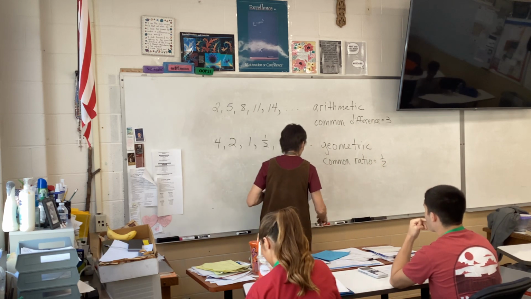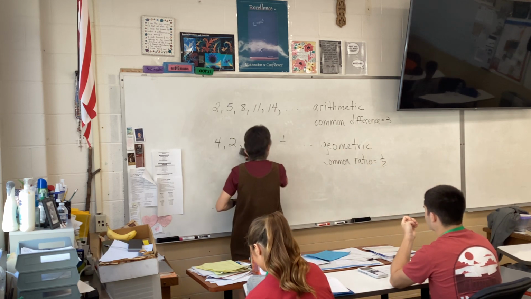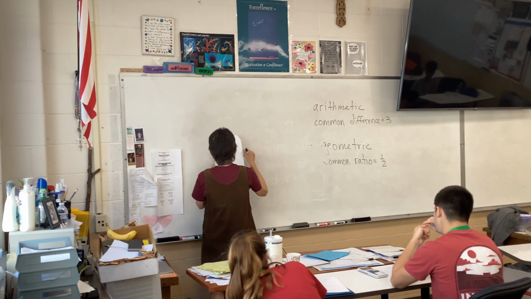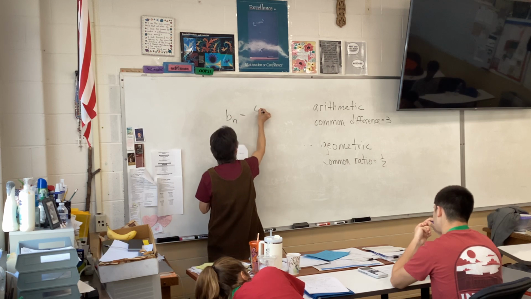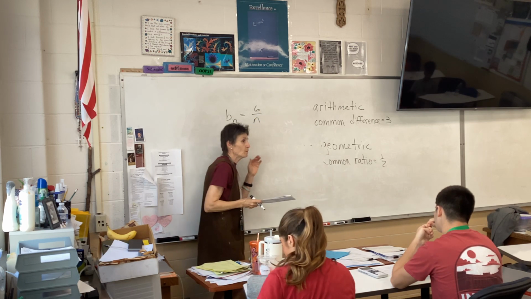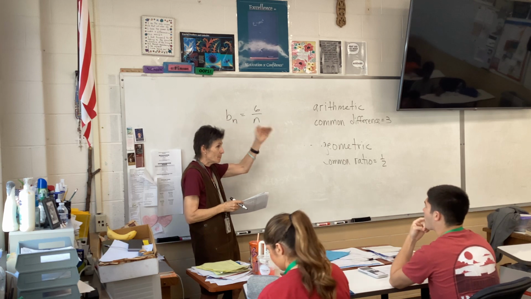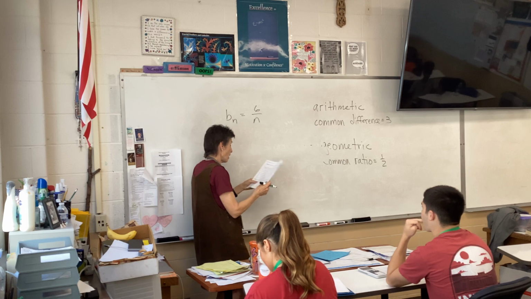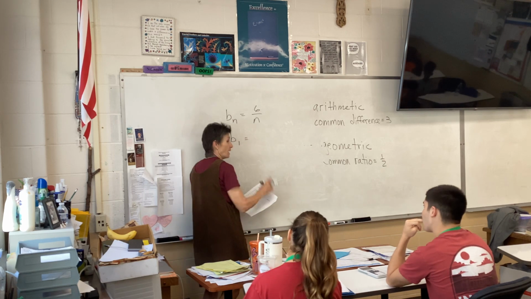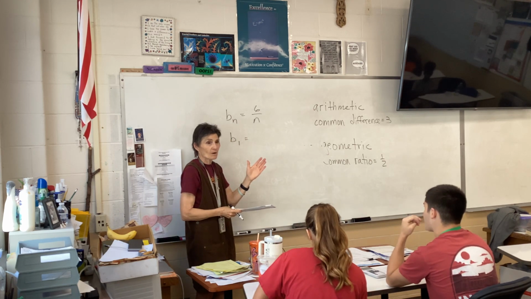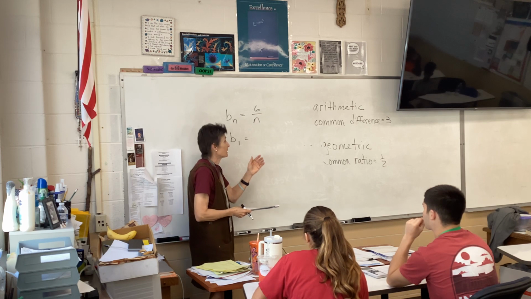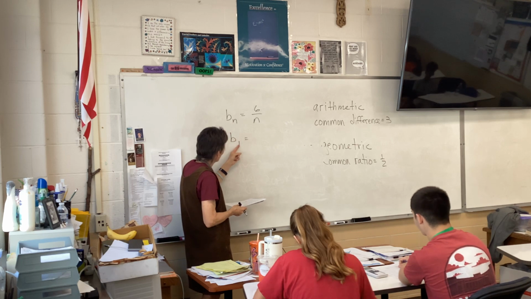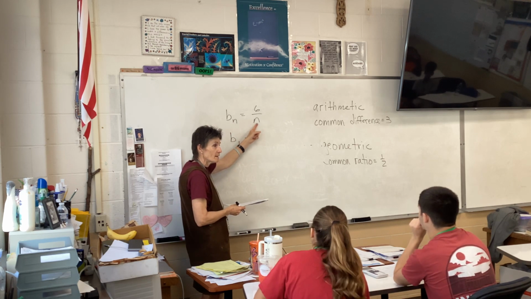Okay, now we have to get comfortable with some basic notation. So, b sub n equals 6 over n. The way we would read this literally is b sub n. So the problem says find b sub 1. Don't you even make this hard. This is the easiest thing in the whole wide world. Look, if this is the formula and I want b sub 1, aren't I just going to put a 1 in there?